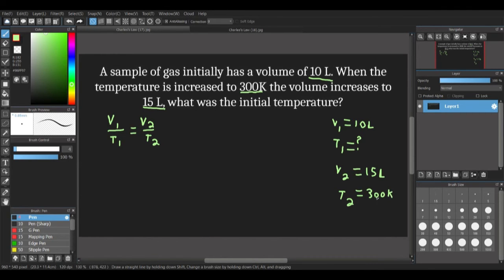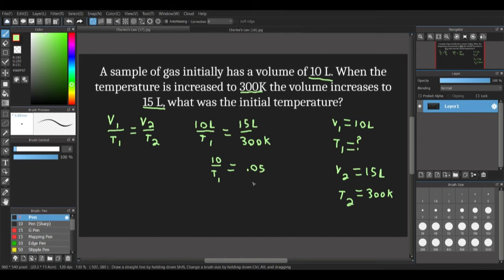So now we're going to plug our givens into the equation. So we have 10 liters over T1 equals 15 liters over 300 Kelvin. We're going to start off by doing the math on the right, and 15 divided by 300 is 0.05. And that equals 10 over T1.